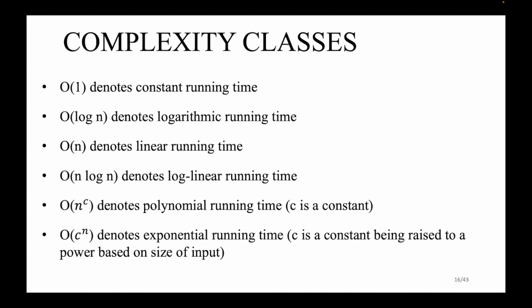And the other one is similar. So when your input goes to infinity, your running time will be extended. So you need more operations to execute your program when n goes to infinity. So this one is slower than the first one. This one is slower than this one. This one is slower than this one.